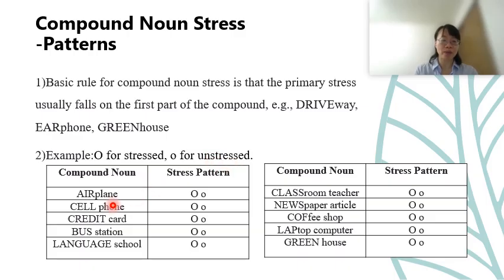So for example, airplane. The first word, air, is stressed, so we use the capital. And the plane is unstressed, so we use the lowercase. Okay, please repeat after me and pay attention to the stress pattern.